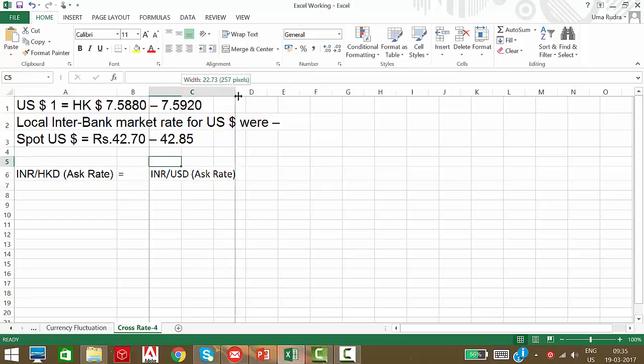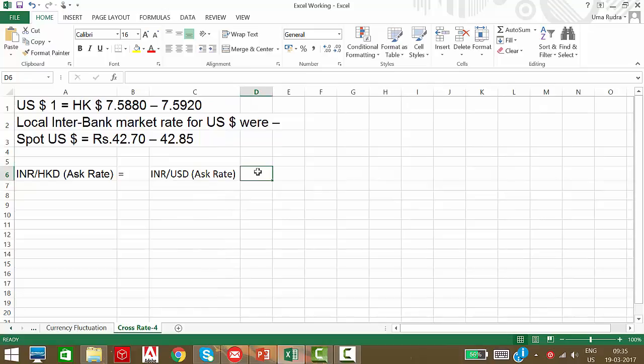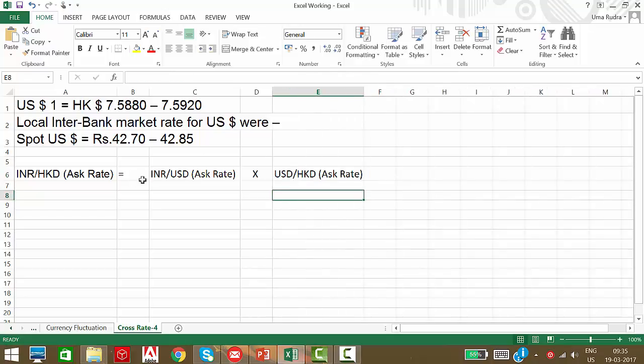So INR per USD ask rate and then USD per HKD ask rate. If we multiply these two rates, we will get INR per HKD.